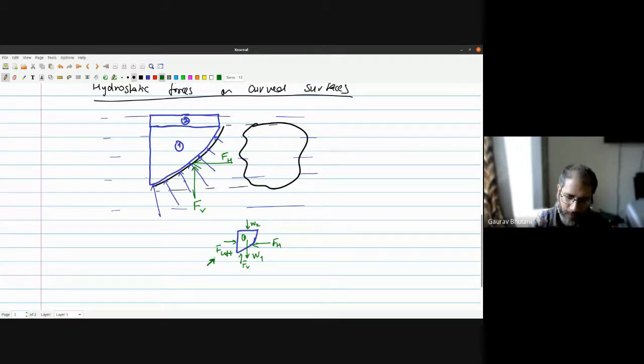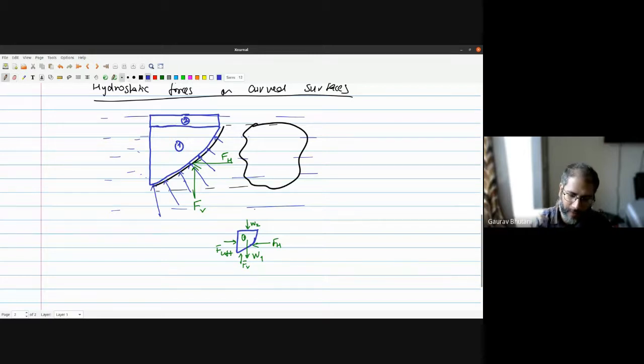The other surface force is F left, that is acting because of the fluid which is on the left hand side of this imaginary free body. Then you have FV, which is again a surface force because of the curved body acting in the y direction upwards.